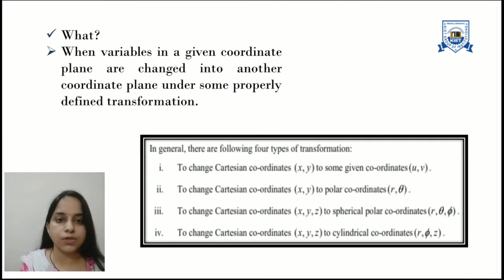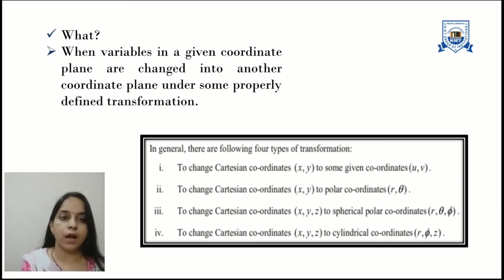So, what is change of variables? Change of variables is a technique that changes variables from a given coordinate plane to another coordinate plane under some properly defined transformations. These transformations may be some standard ones or transformations that we can define according to our problem.